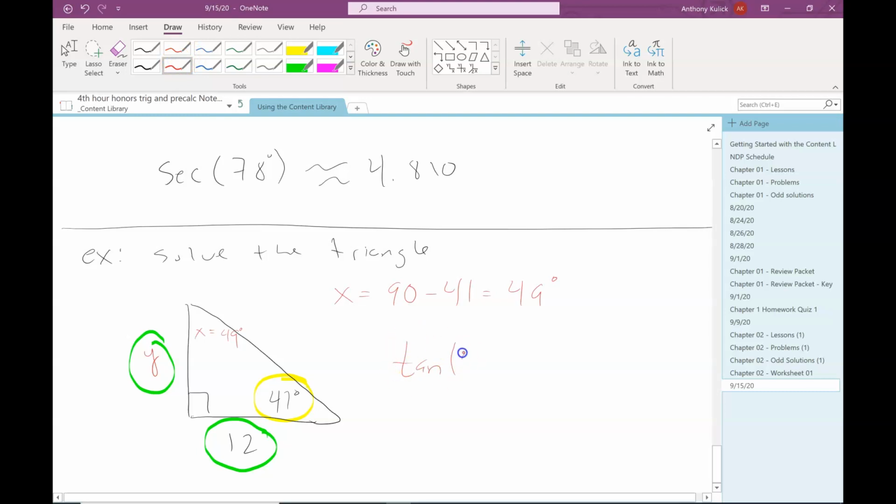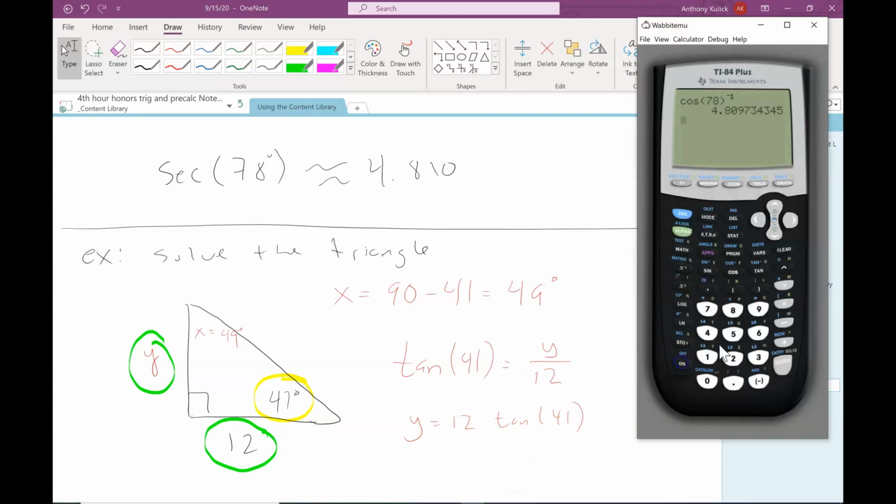Tangent, or you could have used cotangent. Either would be okay. So tangent is opposite over adjacent, and if I cross multiply, I get that y is equal to 12 times tangent of 41. So I type that into my calculator, and I get about 10.431.